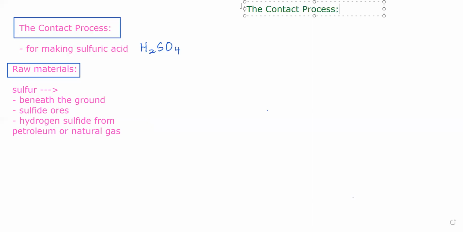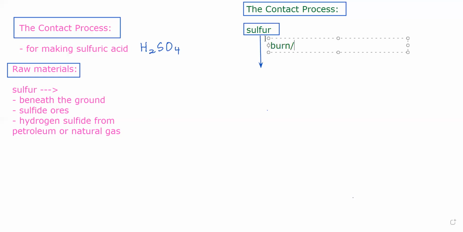In it, we are going to take sulfur first. Sulfur is the first raw material that I am going to use. So sulfur, what will happen? It will be burned in air. It will be roasted in air. These are good keywords to mention. Burn or roast in air. This is the first step.